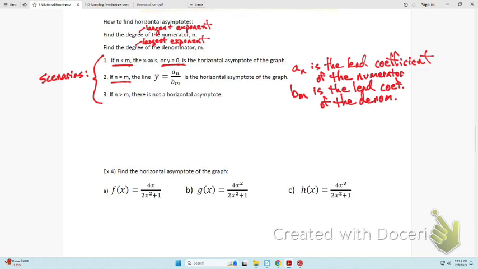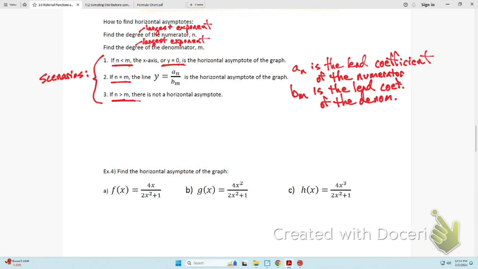So if the two exponents, if the degrees are the same, you put those two lead coefficients over each other and you reduce. If n is larger, that's scenario 3, you just say there's no horizontal asymptote.